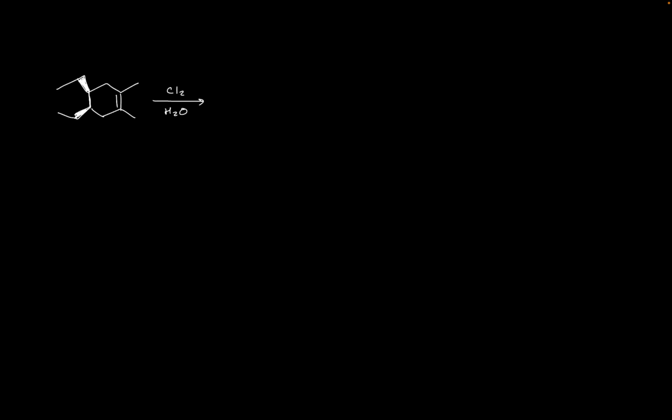So notice here that again we have a halohydrin formation going on, but that both of the carbons are equally substituted. So in this case, the oxygen of H2O won't have a preference which side it attacks.